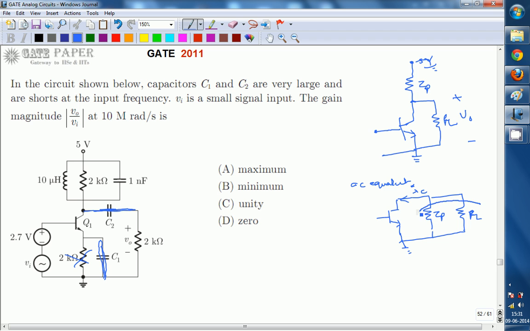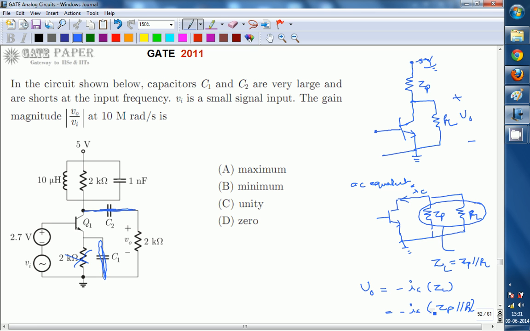If you take the parallel combination of these two, let us assume it is ZL. ZL is nothing but ZP parallel RL. Then V0 can be written as V0 is equal to minus IC times ZL, that is, minus IC times ZP parallel RL. This is what you will get.